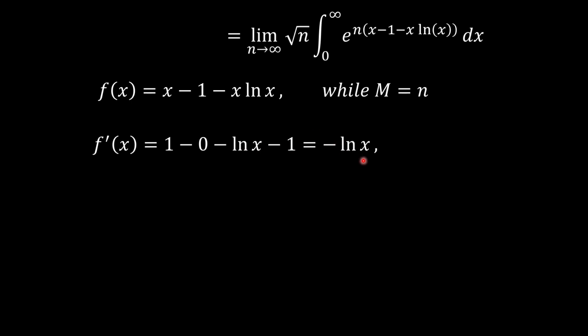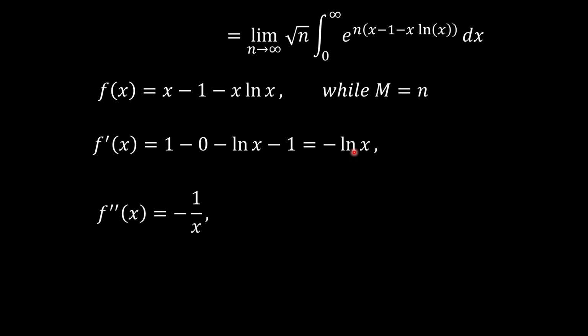For f(x) to be maximum, this negative natural logarithm of x must be equal to 0. Therefore, the x naught for us will be at 1. Natural logarithm of 1 would be 0.